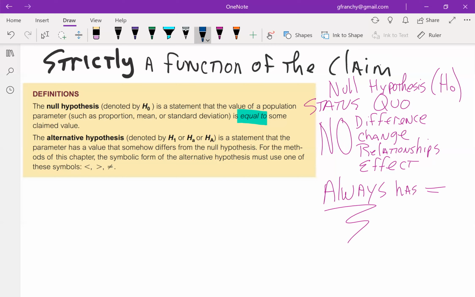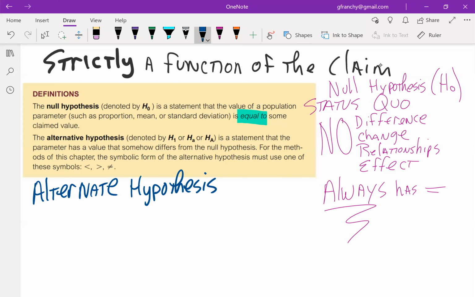The alternate hypothesis, and depending on the author, you see it, alternative hypothesis, alternate hypothesis. This represents a change.